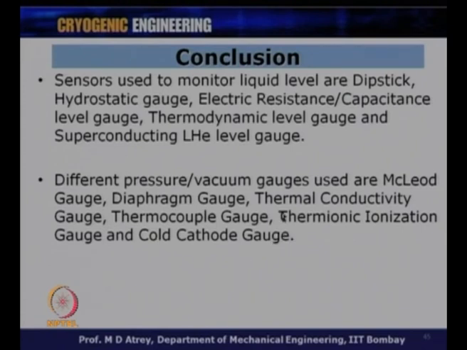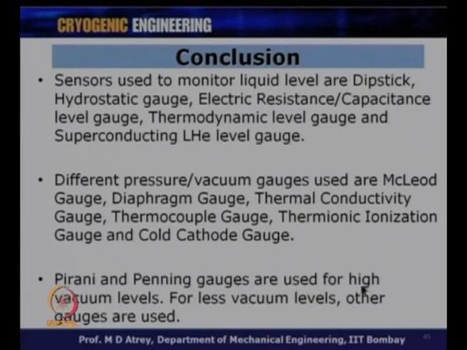These are normally used to measure vacuum between -3 and -7 millibar, while the thermocouple gauge and thermal conductivity gauge will be used up to -3. So up to -3 we can use thermal conductivity as well as thermocouple gauges, while the cold cathode gauge and thermionic ionization gauge could be used up to -7 millibar.